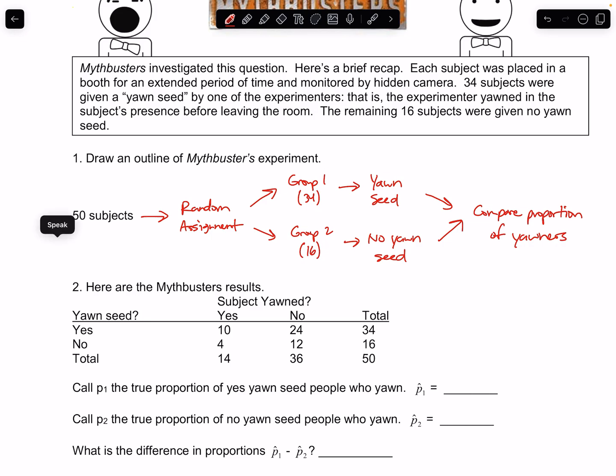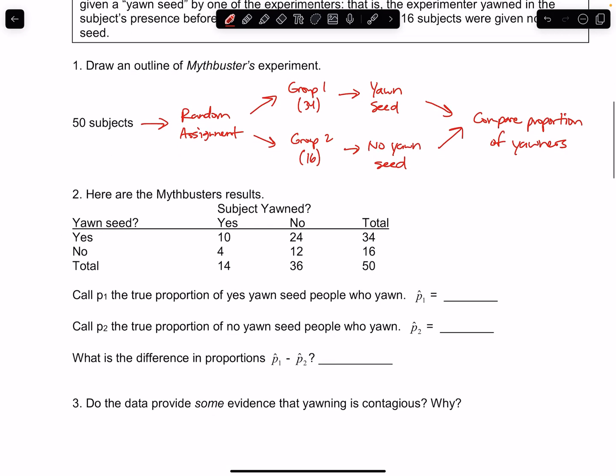Number two says, here are the results. So were they given the yawn seed? Yes. And then did they ultimately end up yawning? Yes. Would be 10. If they were given the yawn seed but then did not yawn, that was 24. So I'll let you look at the rest of that little table there.